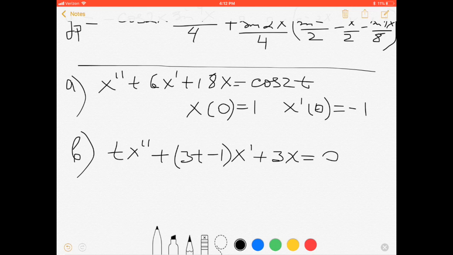If you have x of 0 equals 0. But I'm not showing you now how it's solved, because you can see I'm showing all this kind of example. I'm only showing how hard your question will be in the test.